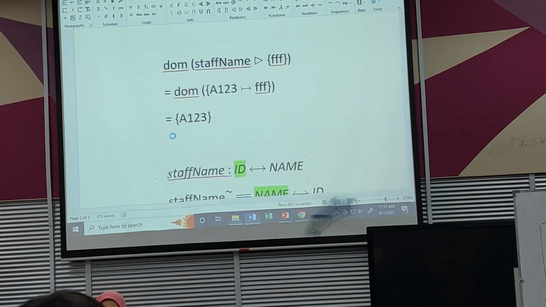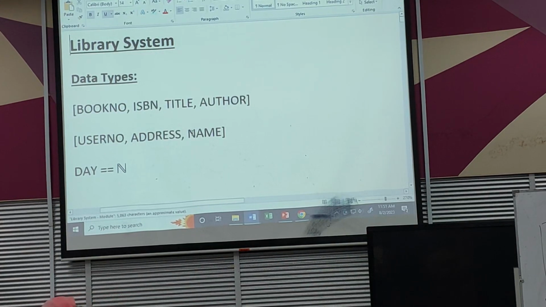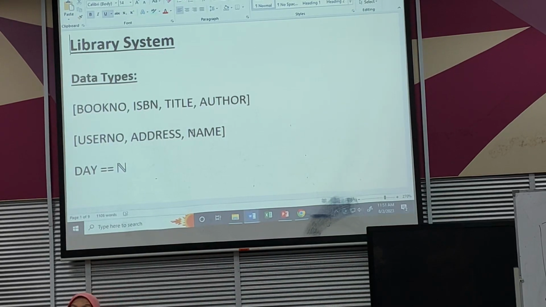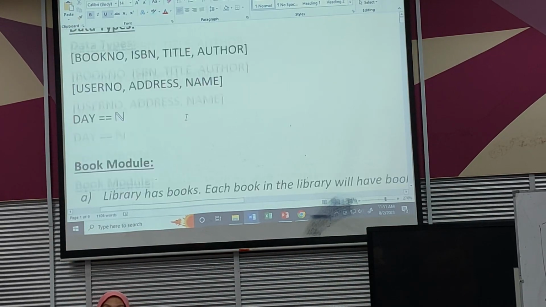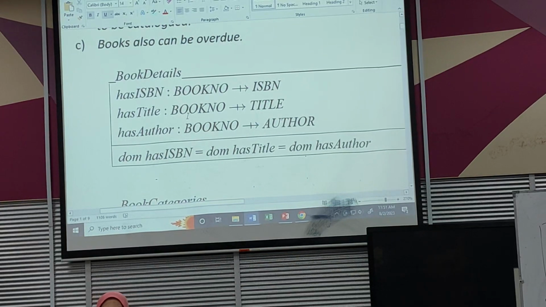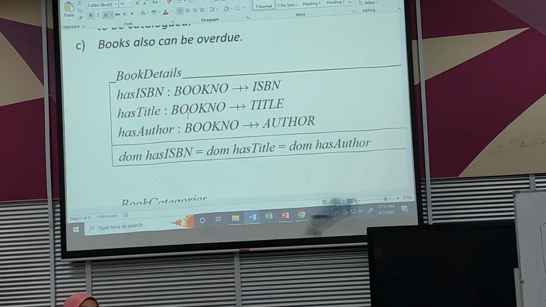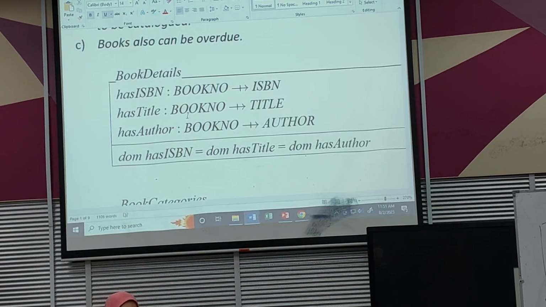Inside your Google Classroom, I already gave you the library system. That's why for your assignment, you cannot do library system. Some of you may want to do, let's say, accounts, like staff account and student account, different accounts. But you may have a generic one the same for all, but different for others.